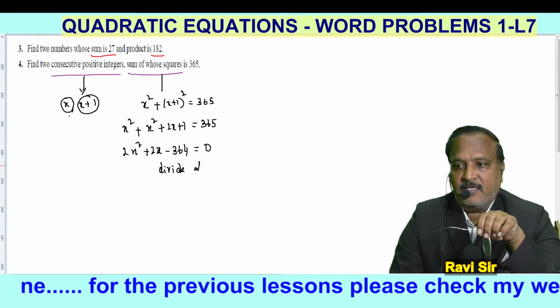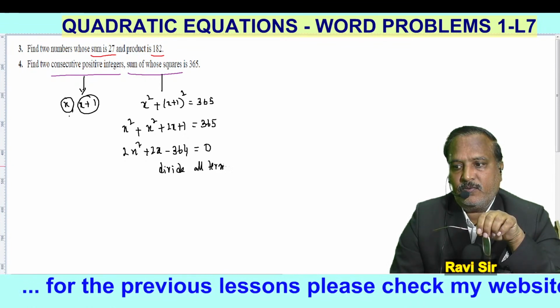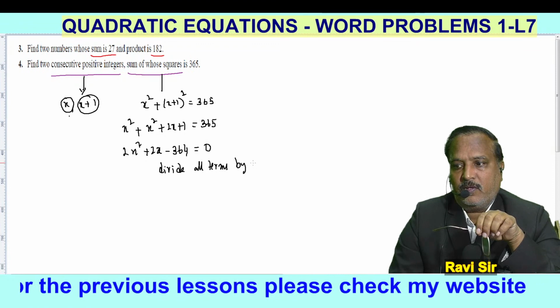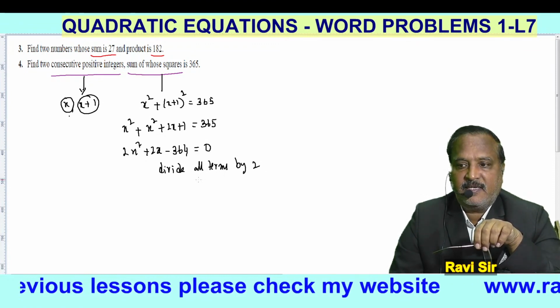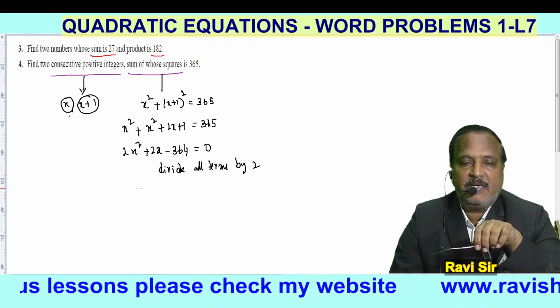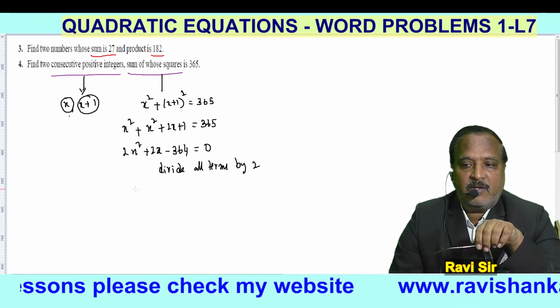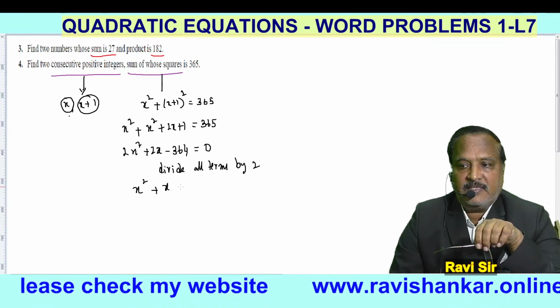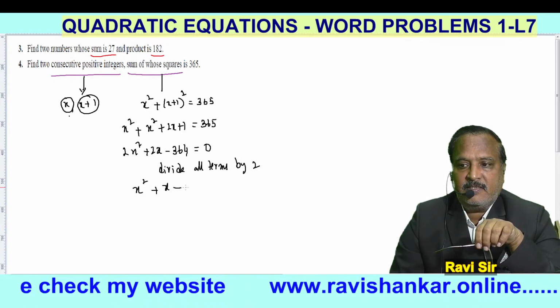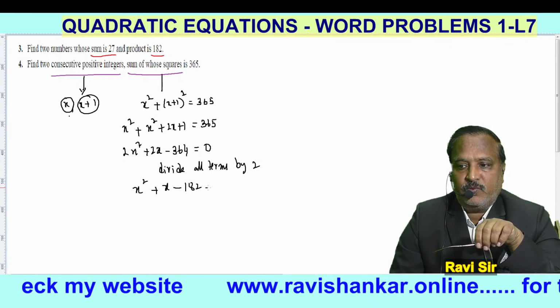Divide all terms by 2. You may be asking, is it necessary? It is not necessary, but better you do it because the standard form should always be in the simplest form. x square plus x minus 182.